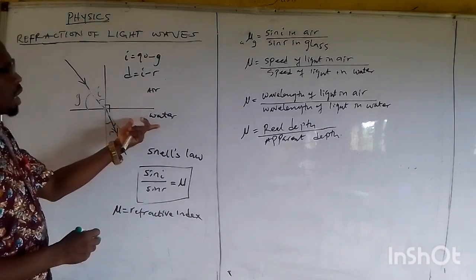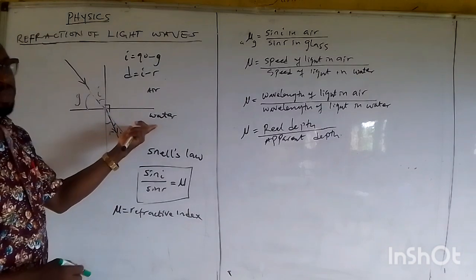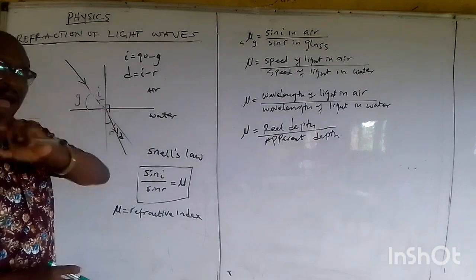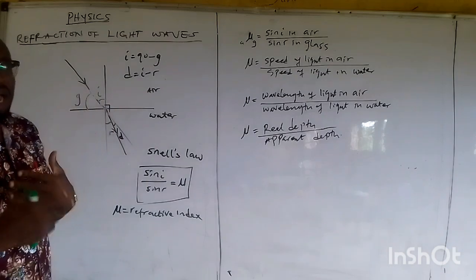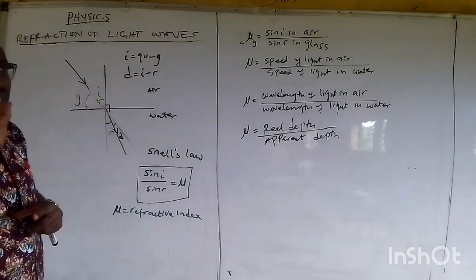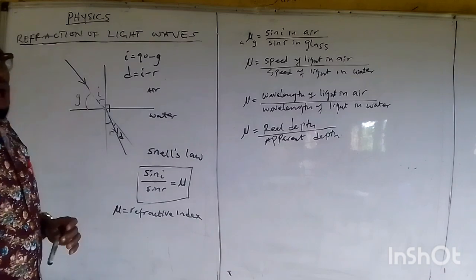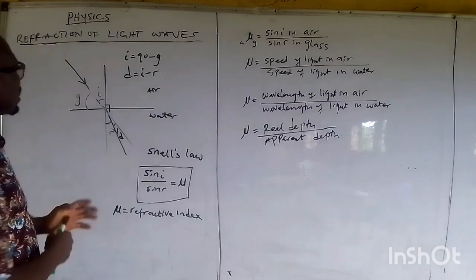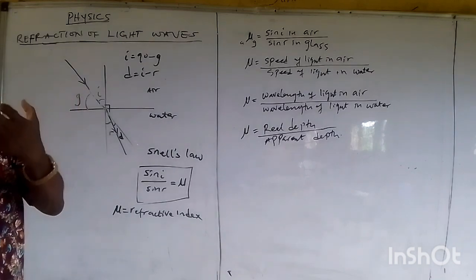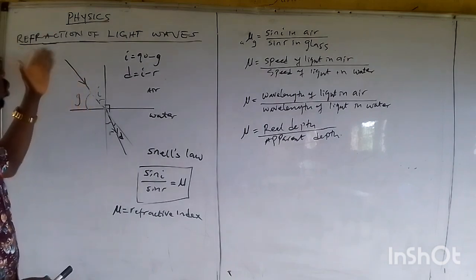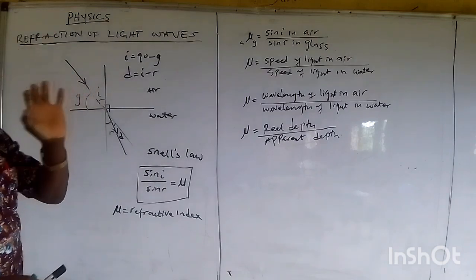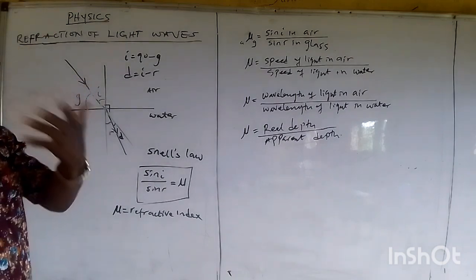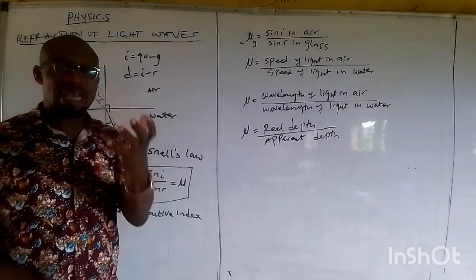Now, the refractive index of water and the refractive index of glass are not the same because they have different densities. So it is worthy to note that refraction occurs when light crosses the boundary between two transparent media of different densities.